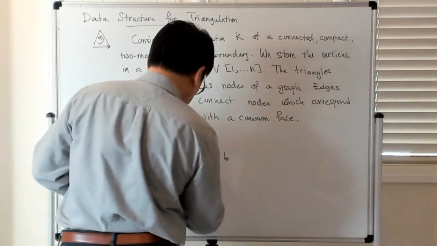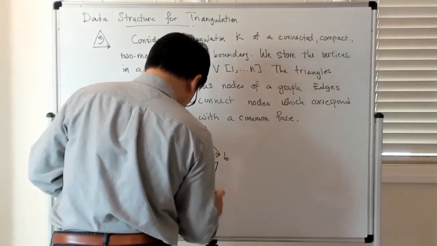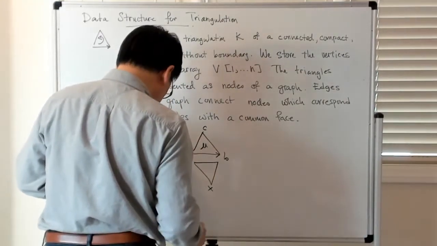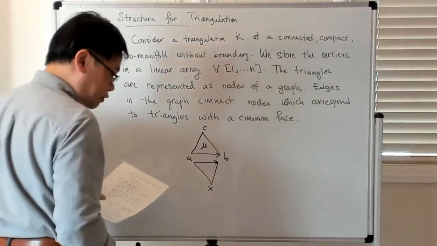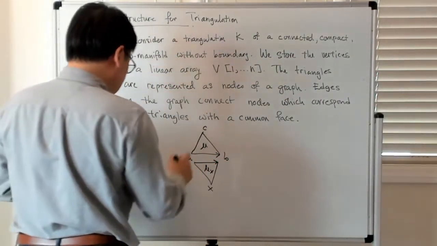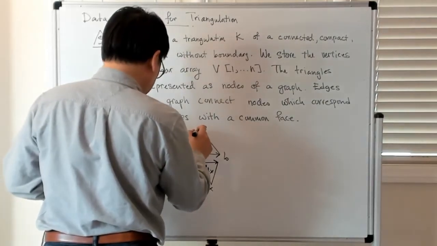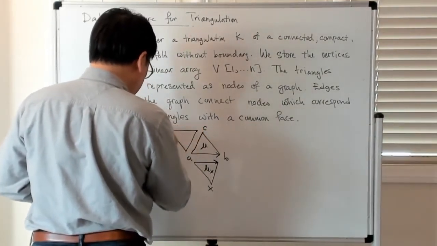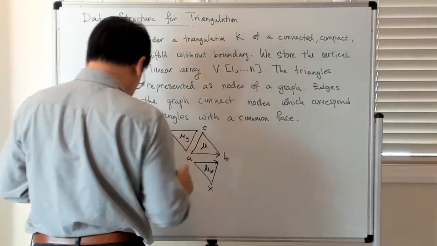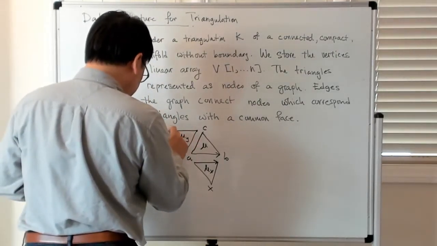So let's say we have one here. We have added the point x, but it shares the points A and B, and I orient it in this way. Let's call that mu x. And then there's one where I've added y. That's mu y, and I orient it this way.